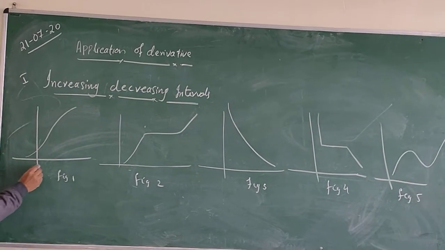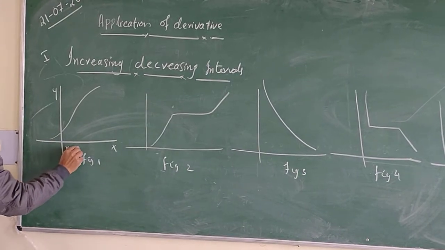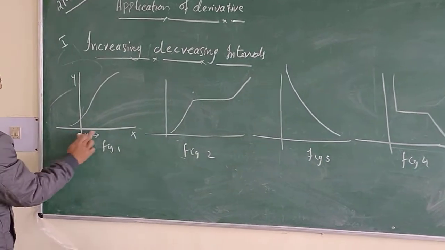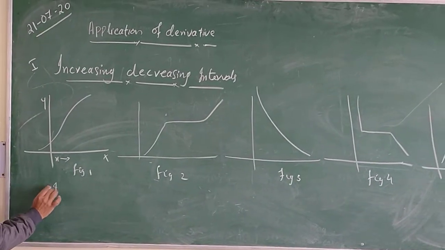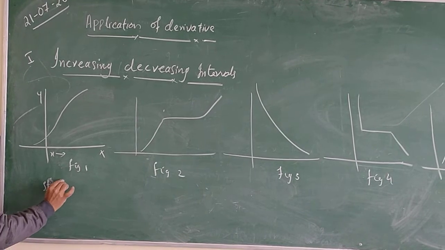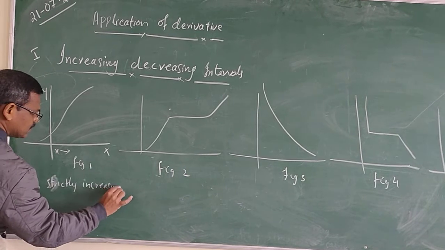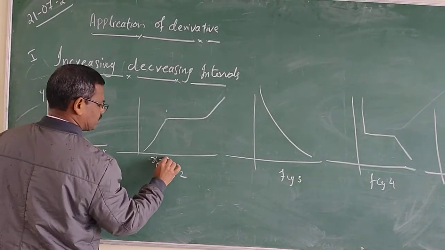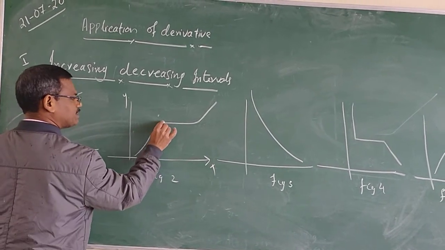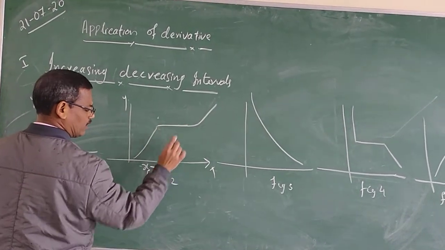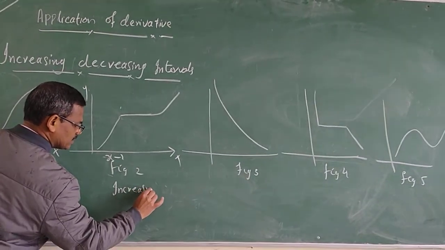Just like here, this is the x variable and this is the y variable. So when x increases like this, the y value also increases. So this is increasing, or you can say strictly increasing. Here x increases, and y increases, but at some stages it is coming as parallel, equal. So it is increasing. This is also increasing.